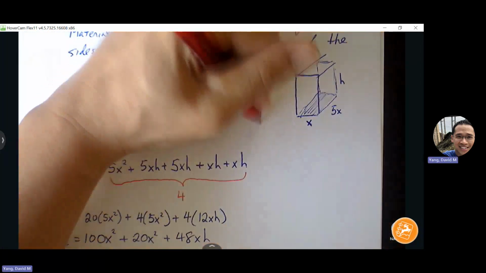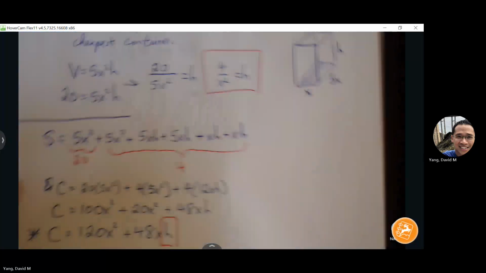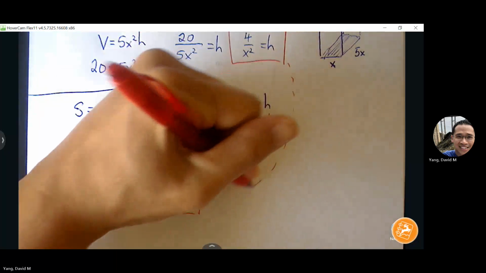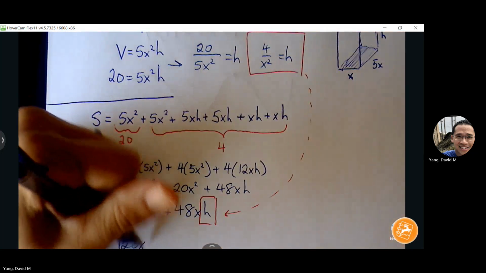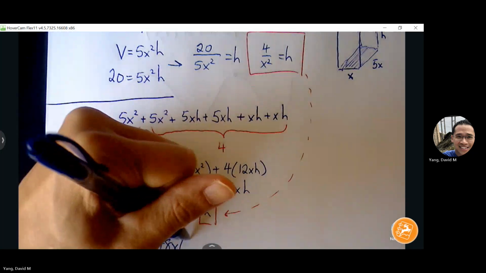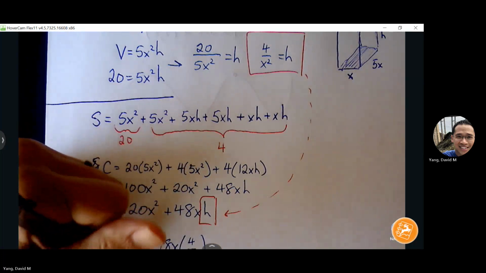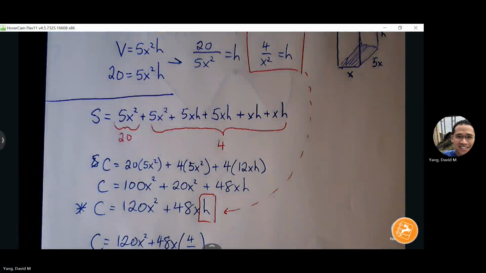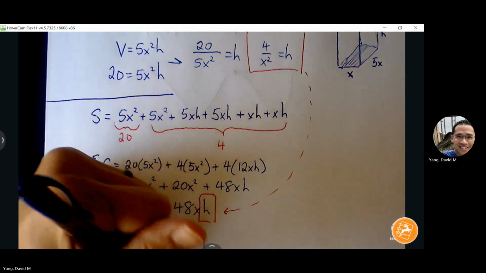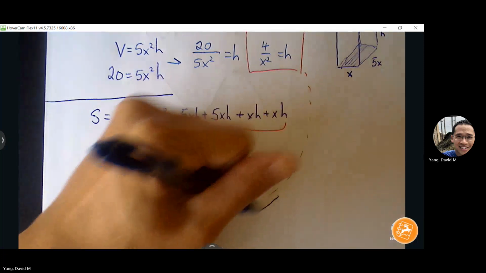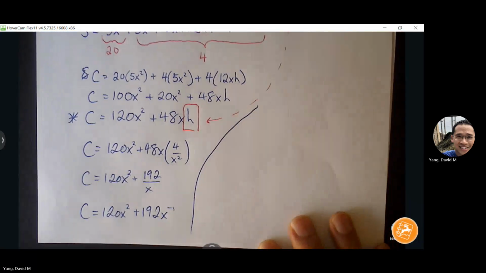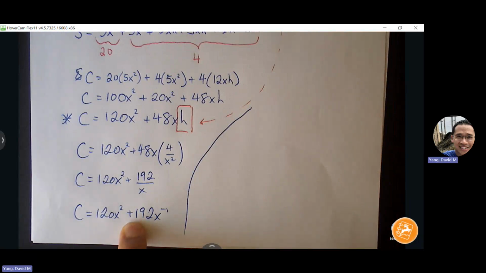So this piece will go in. This is where I want to be before I jump into the power rule.